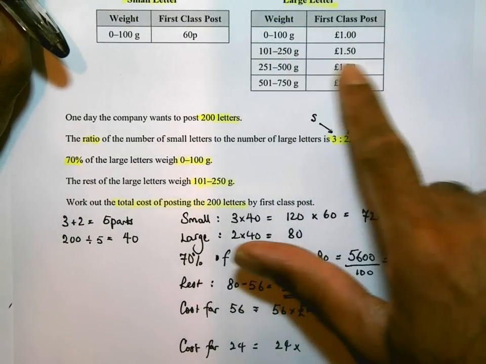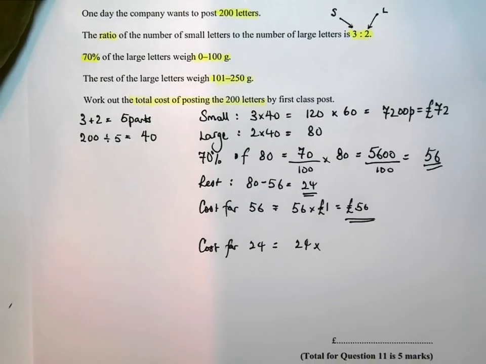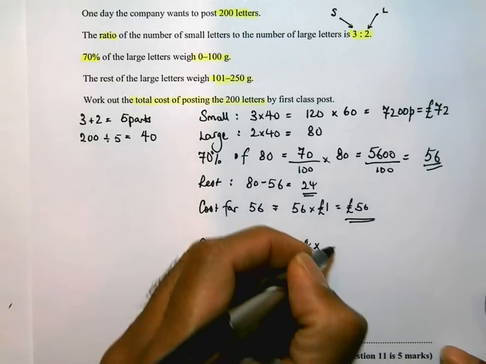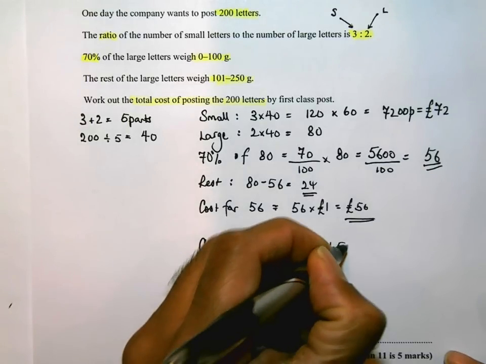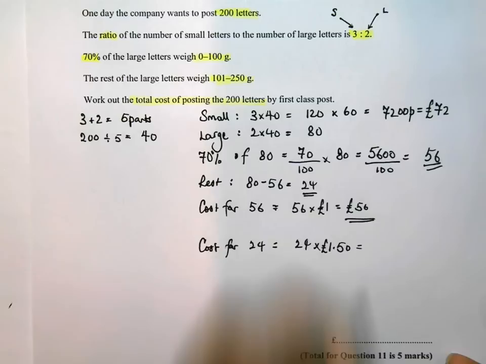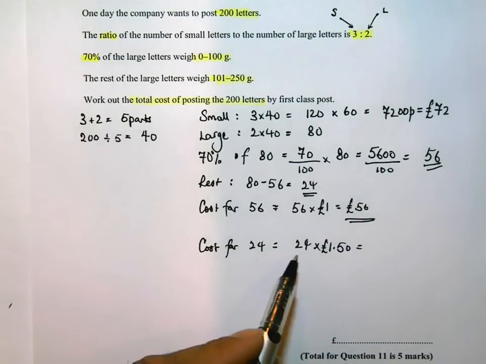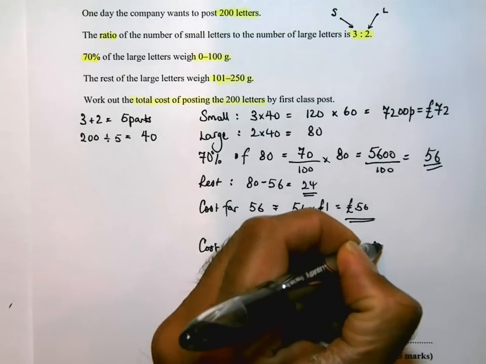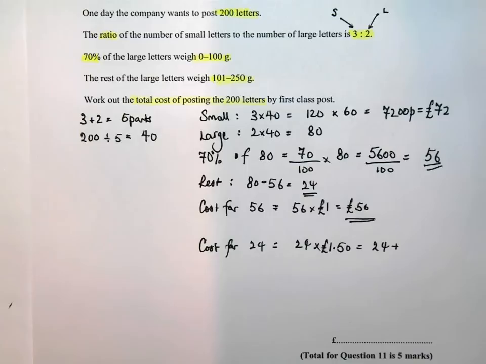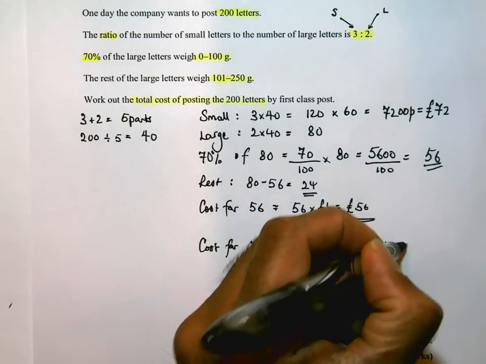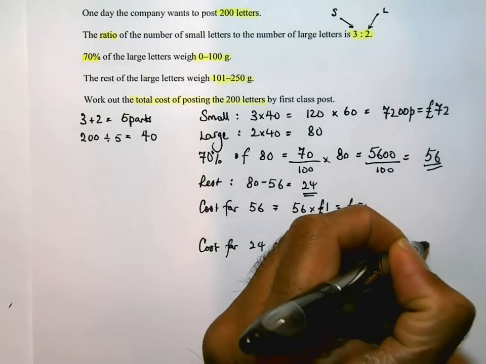So I'm going to do 24 times £1.50. Because this is a non-calculator paper, you need to have your techniques for doing this. So £1 times 24 is your £24, plus 20 lots of 50p is £12. So altogether that's going to be £36. It's going to be the cost of posting those.